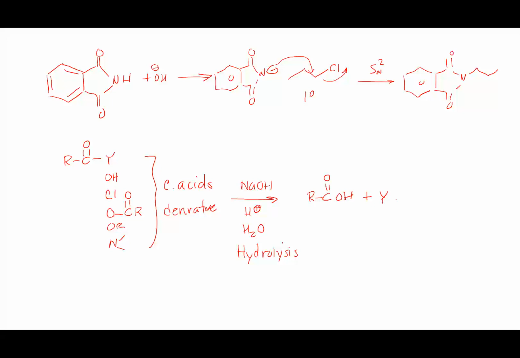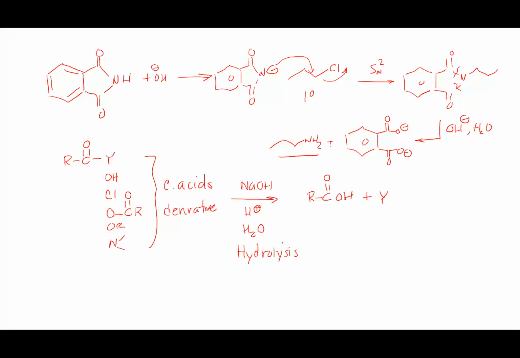And so in this case, what we're going to do is treat this with probably hydroxide would be the best choice. So treat it with hydroxide and water. That's going to cleave those bonds around the nitrogen. I'm not as much interested in the dicarboxylic acid here as much as I'm interested in freeing up the primary amine that I just made.